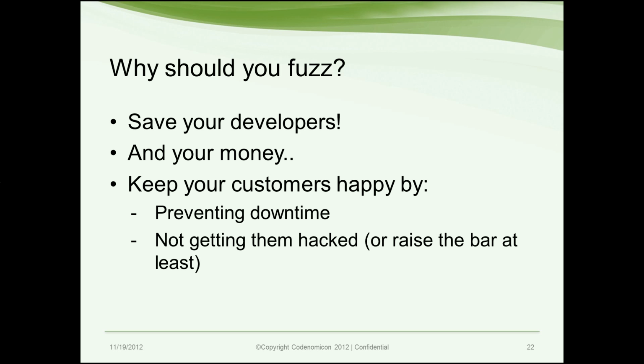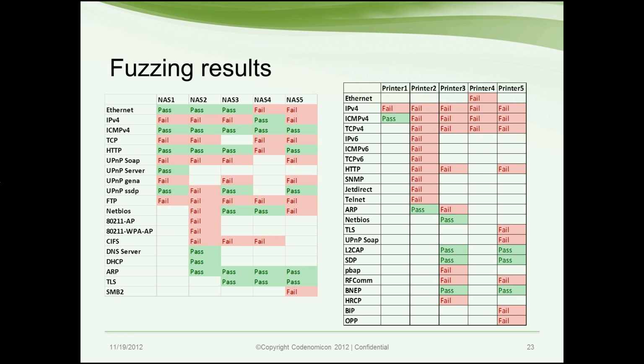So if you have already fuzzed your device, you can find these bugs in your software and make sure that even if there's some garbage data on the wire which is received by your software or by the protocols implemented in your software, they don't behave in a way that you don't want them to behave.